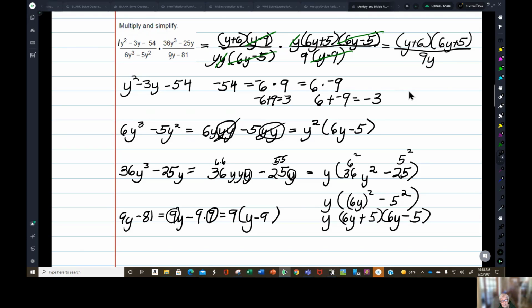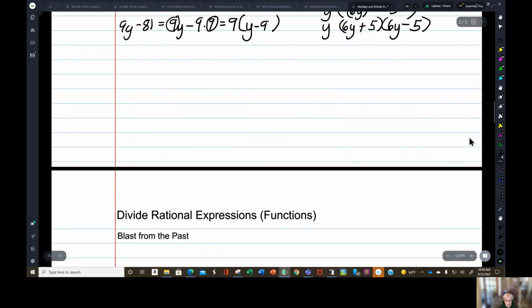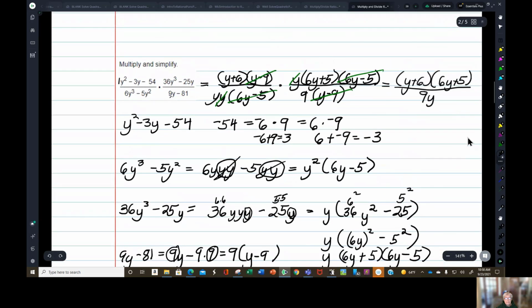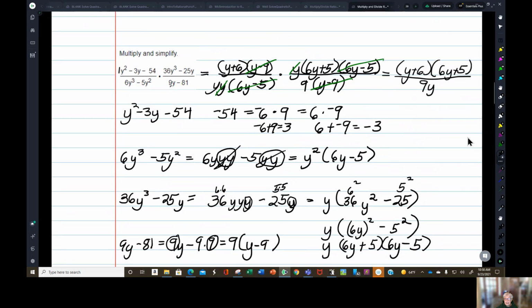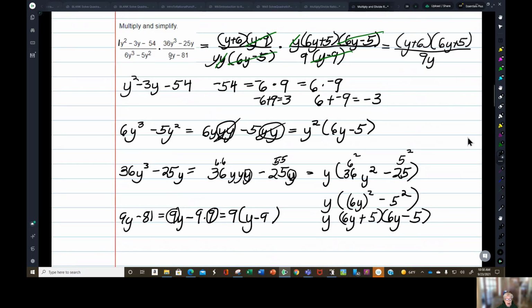Discussion. Yeah, that's kind of awesome, isn't it? Okay, next is divide. So now is a good opportunity to ask any questions you might have about multiplying rational expressions or rational functions.